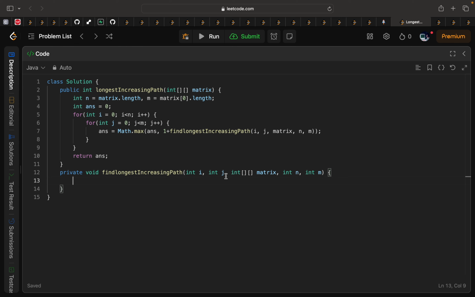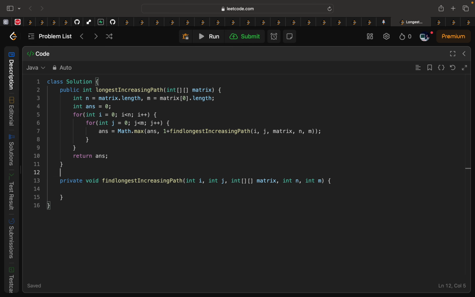So now we are at this particular cell. From this cell we can move in 4 directions. So let's initialize a direction vector which will help us move in all the 4 directions.